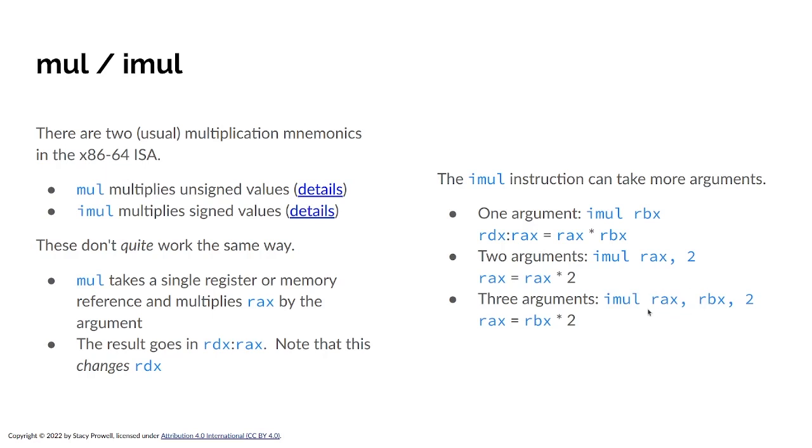So there you go. This looks very much like an ARM instruction, but it's just the 3-argument version of the mul. And notice RDX is not involved in this. RDX is only involved when I have the single argument version, and I don't have the 2 and 3 argument versions for mul.